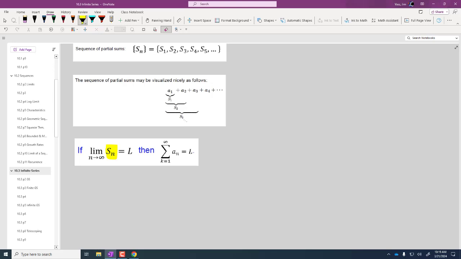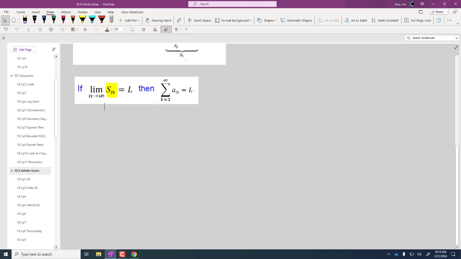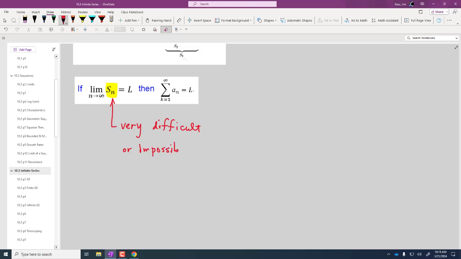And we know how to take limits. But most series will not have an S sub n that we can find. So very difficult or impossible to find.